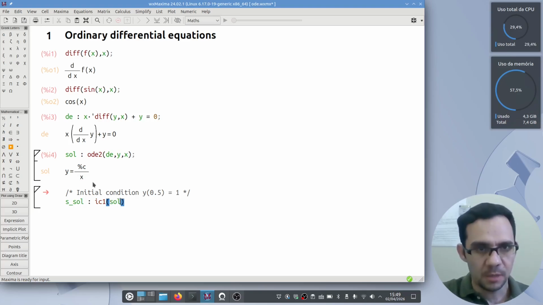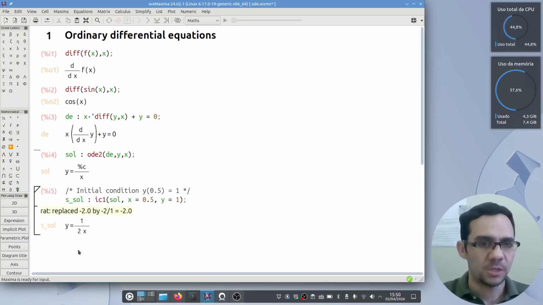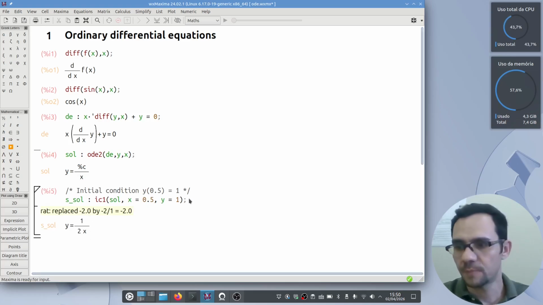Then I put here the general solution, where the constant is not yet defined, and the value of x, my variable. In this case, we want it to be 0.5, and when x is 0.5, y is 1. Then Maxima returns this specific solution with this initial condition.